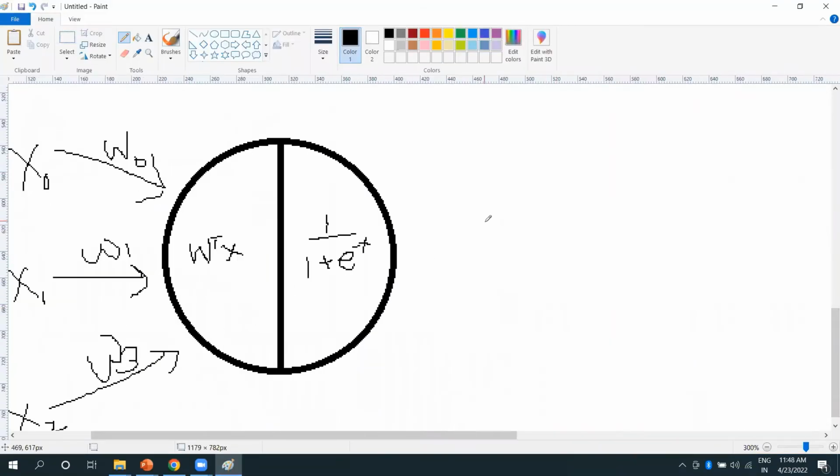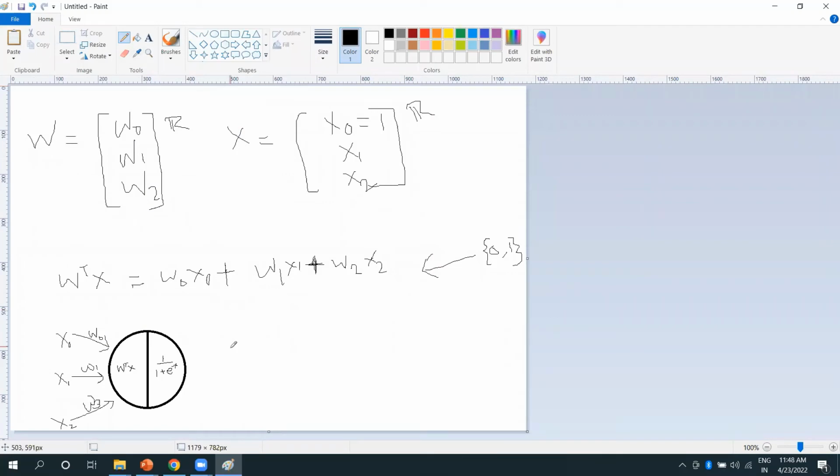I'll scroll out again and tell you. X equals 0 means the probability is half. Even though it is continuous, when x equals 0, let's say we call this p of W transpose x, this is equal to 0.5.